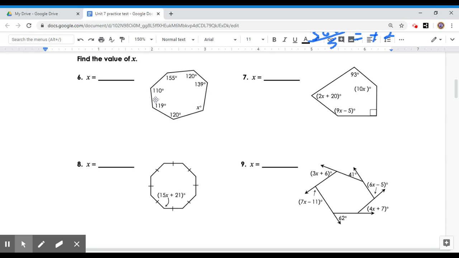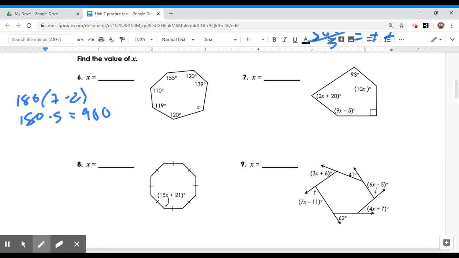We've got 1, 2, 3, 4, 5, 6, 7 sides. So that is a heptagon. So in order to find the total sum, we need to do 180 times 7 minus 2, which is 180 times 5, which is 900. So this total should be 900.